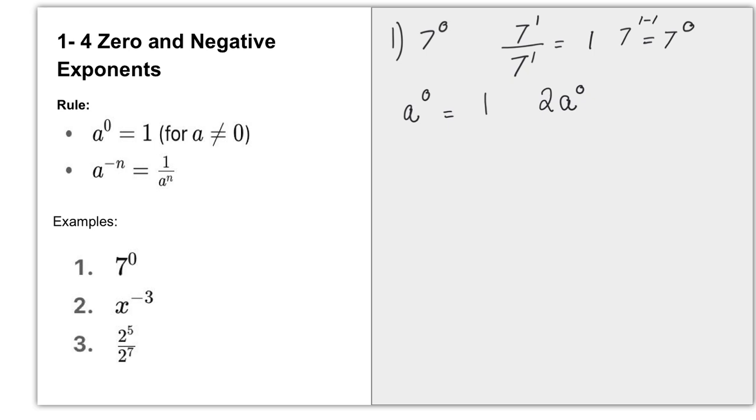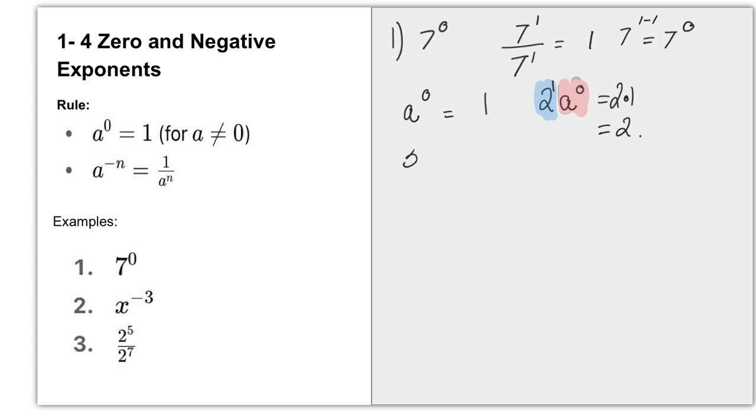So these two are separate. So if you were thinking this equals 1, there could be an error, because a raised to the 0 power is 1, but 2 is raised to the first power. So that will be 2 times 1, and that will equal 2. That's a confusing one. It's a tricky one, so make sure you know that part.